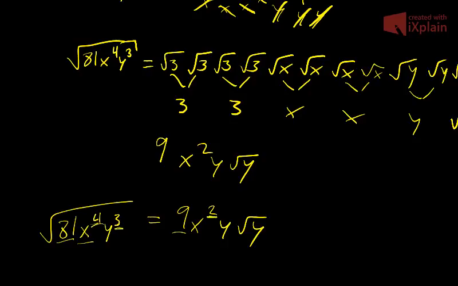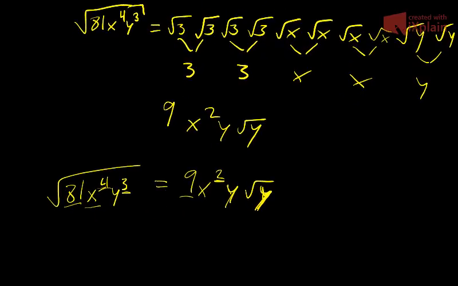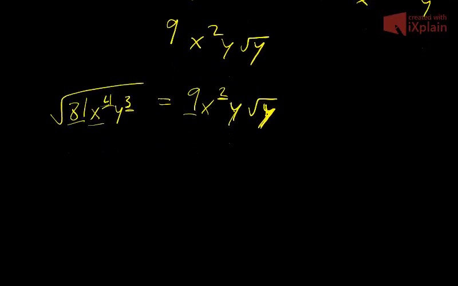And if we half 3, we get 1.5. So we end up with 1y, and then the half of a y ends up looking like the square root. Would be kind of a faster way of doing it if you want to just try to do it intuitively right off the bat. If not, the long way of making the factors works just fine, and we can stick with that.